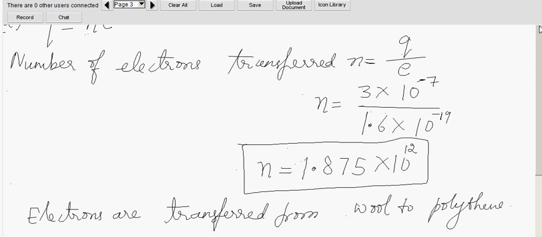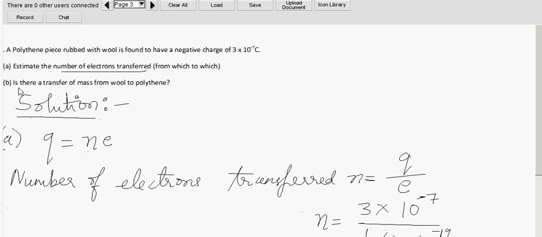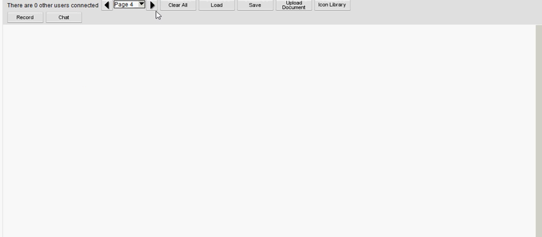The mass of an electron is 9.1 into 10 to the power minus 31 kg, which is just for your note the mass of one electron. So you will get the total mass transferred.